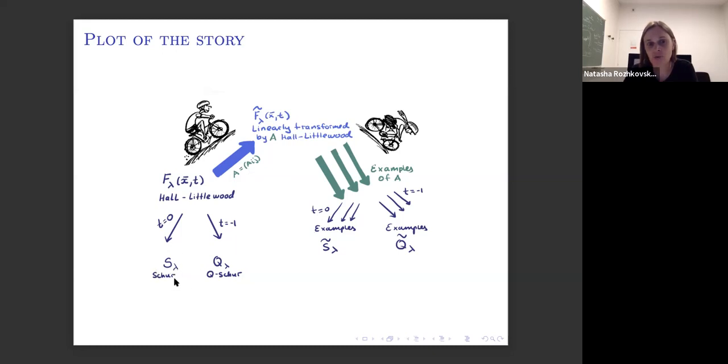This is our role model, which plays an important role in many parts of mathematics. For example, they are characters of GLN. They play a role in Schubert calculus calculations. They are solutions of KP hierarchy. So they have many interesting combinatorial properties, and they are quite important.